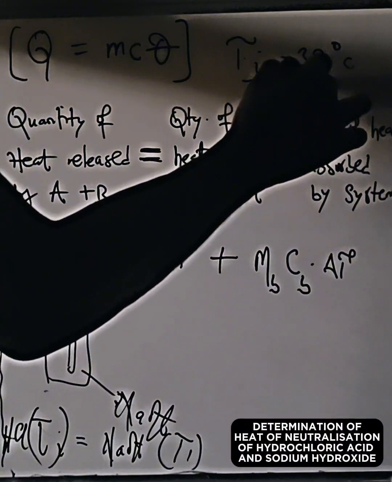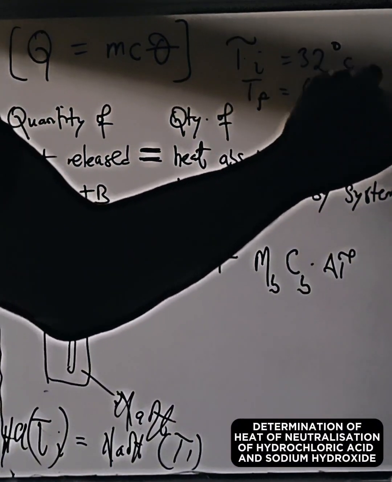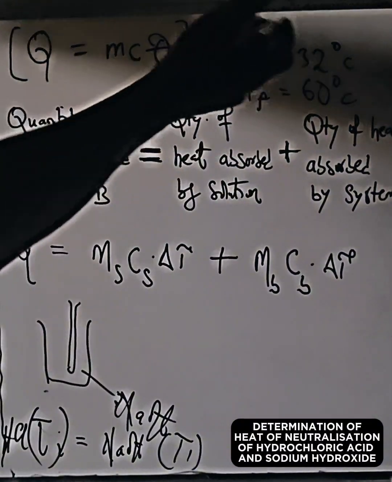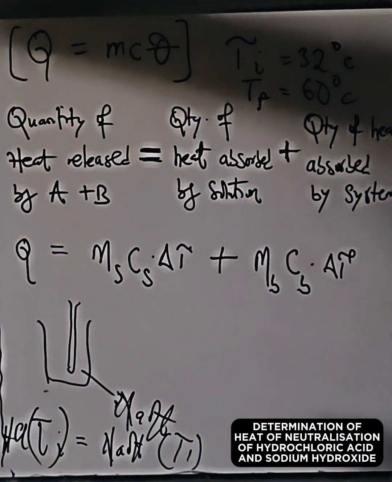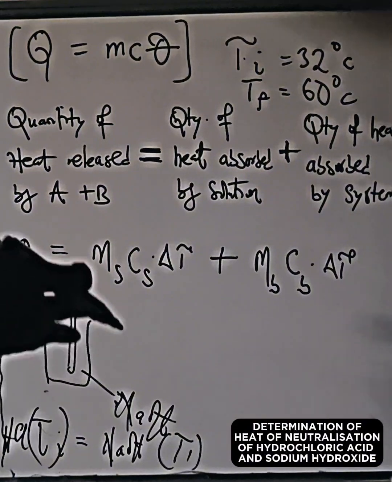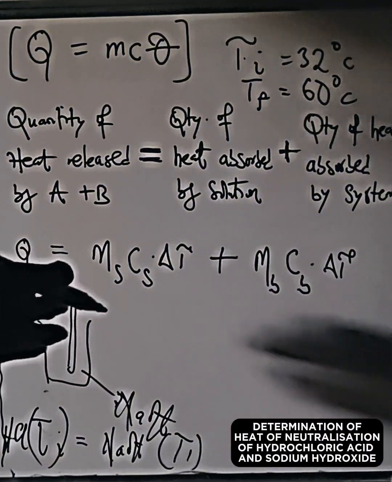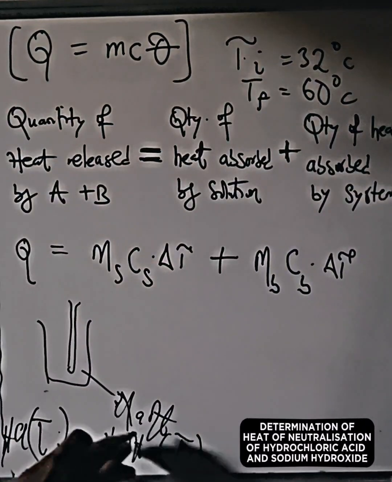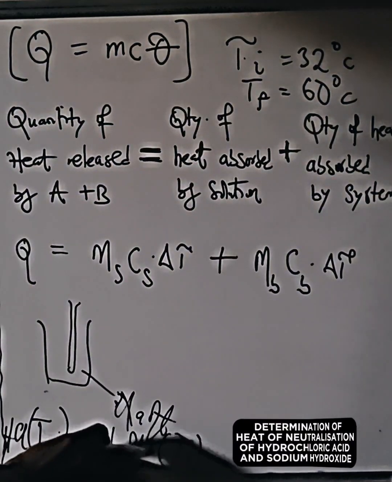Let's say it got you at 60 degrees Celsius after adding the acid to the base. Now you're going to have TF, the final temperature. Your initial temperatures are supposed to be the same for the acid and the base.